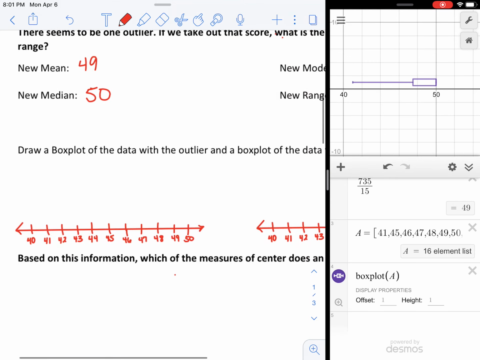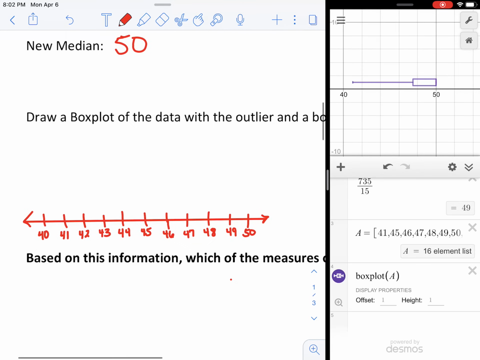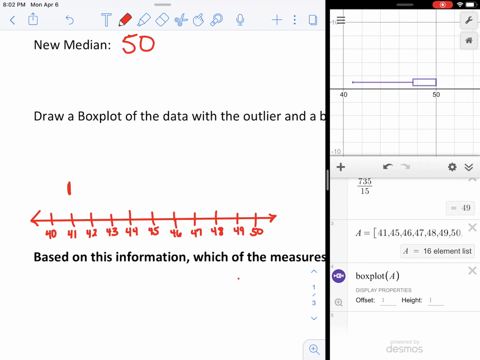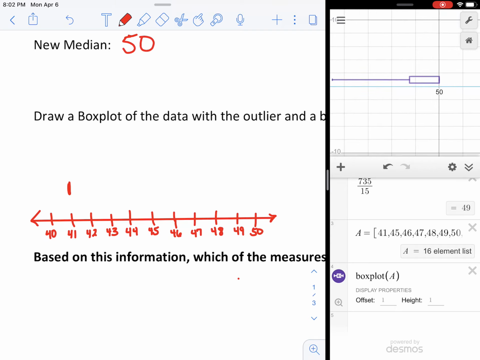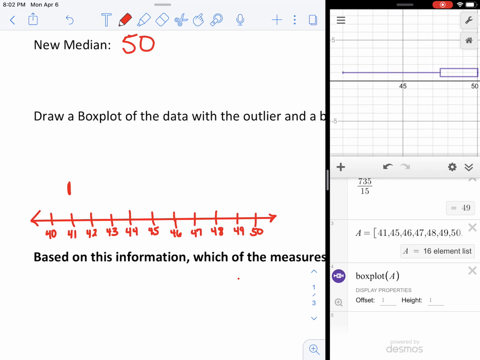So let's draw this. It starts at 41, which is our low number, goes up to 47.5, and then 50 is our max, so it closes it out.